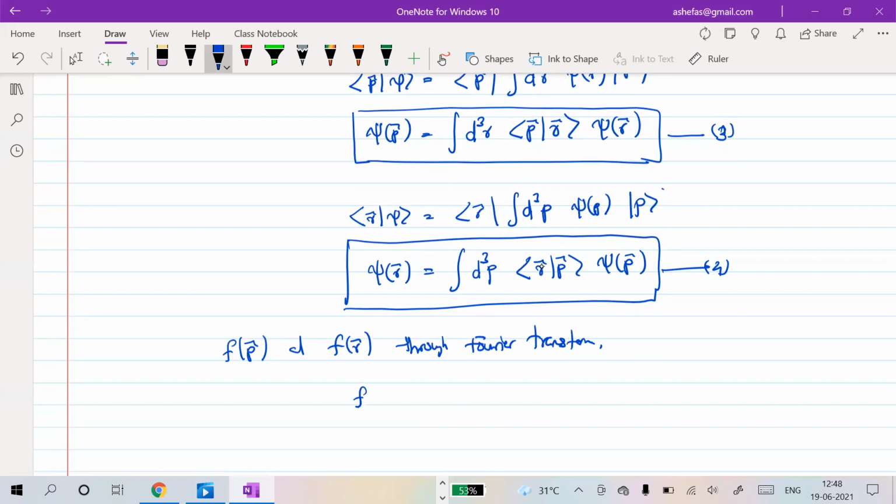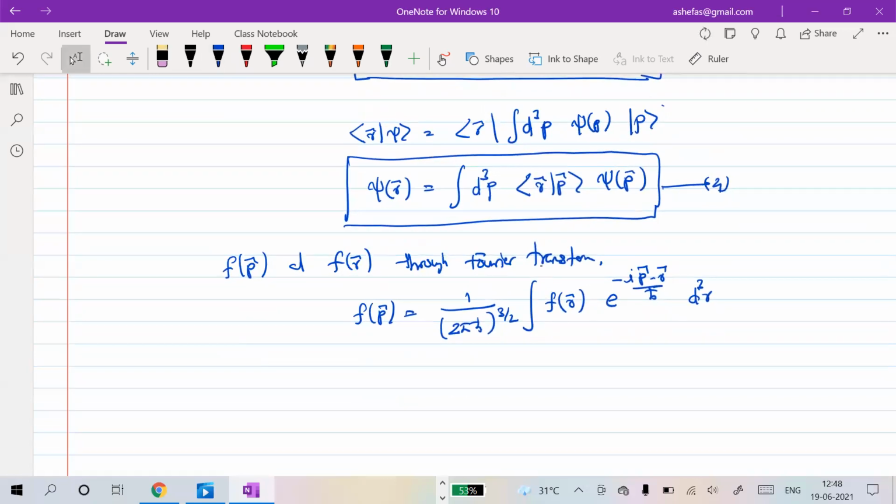So f of p we can write as 1 upon (2 pi h cross) raised to 3 by 2, integral f of r e raised to minus i p dot r by h cross d cube r.